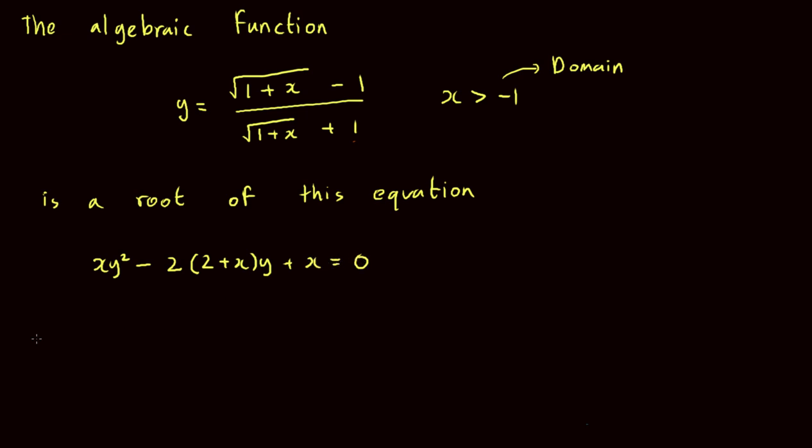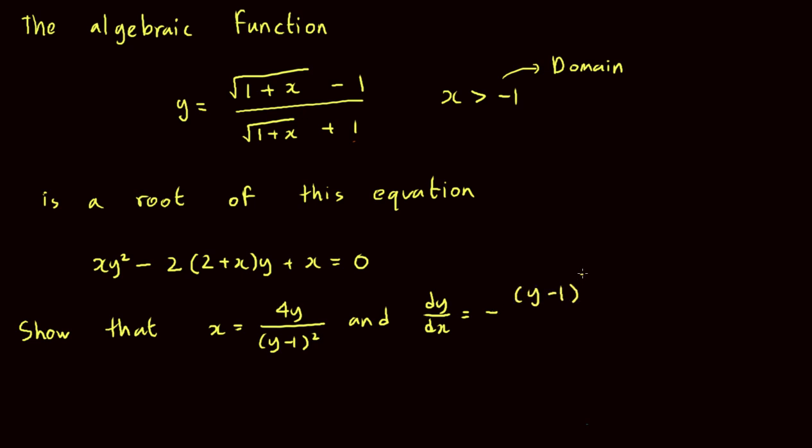And the question wants us to show that x is equivalent to 4y over (y minus 1) squared, and dy/dx is equivalent to negative (y minus 1) cubed over 4(y plus 1), where the modulus of y is less than 1, which means that y can only be between -1 and 1.